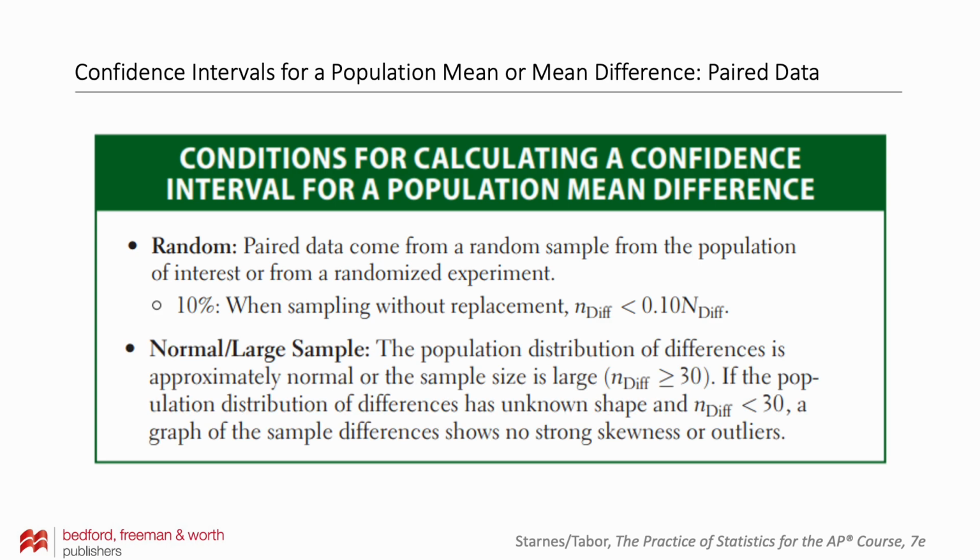For the large or normal sample condition, the population distribution of the difference is approximately normal, or the sample size is larger than 30. So n diff has to be larger than or equal to 30 if the population distribution of the difference is of unknown shape, and if the sample size is less than 30, a graph of the sample difference should show no strong skewness or outliers, just like before.